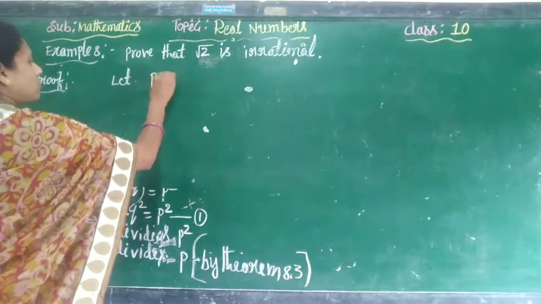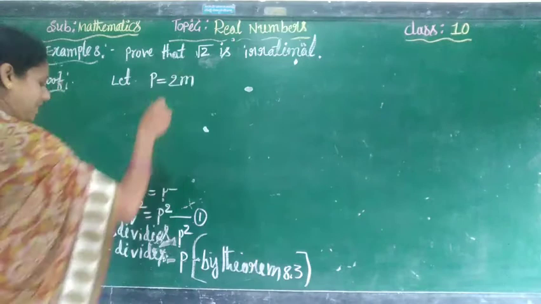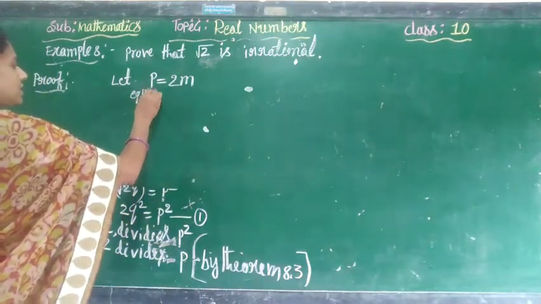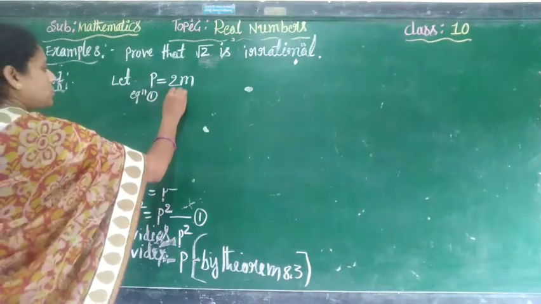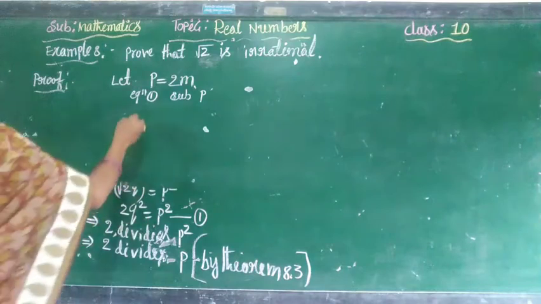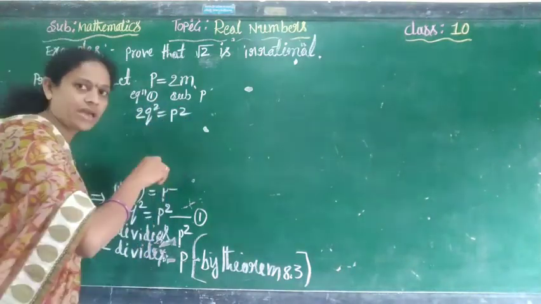So now let P is equal to what? The root 2 number is there, 2m. In equation 1, substitute P. So 2Q square is equal to P square.